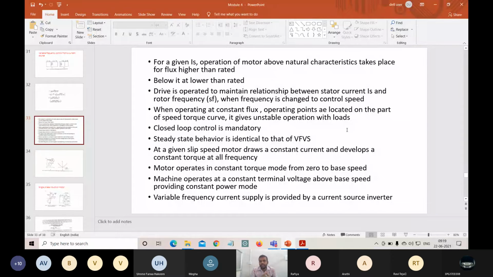So in order to get that closed loop control, it is mandatory, and the steady state behavior is identical to that of a variable frequency voltage source. So if you use the variable frequency voltage source strategy, it is similar to the behavior of your motor at steady state.